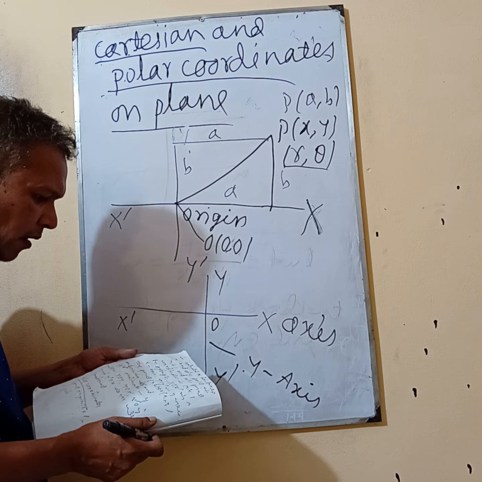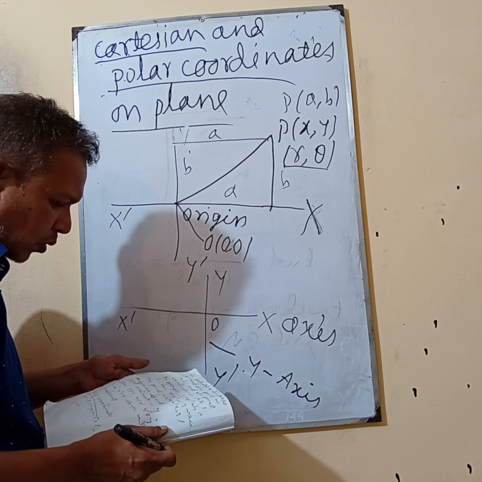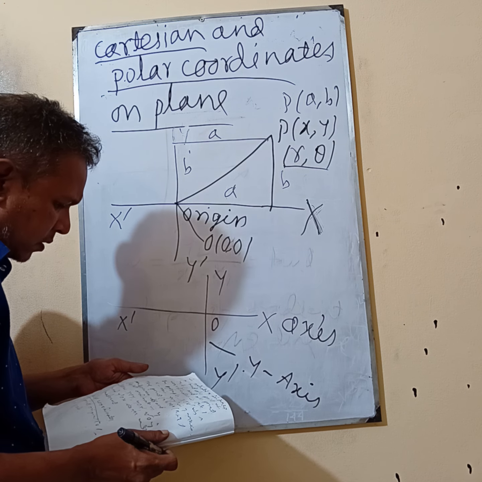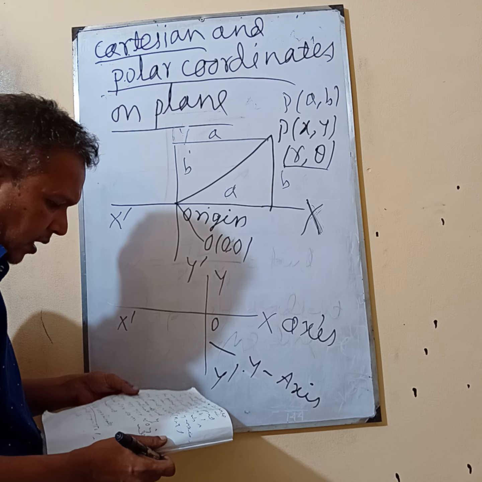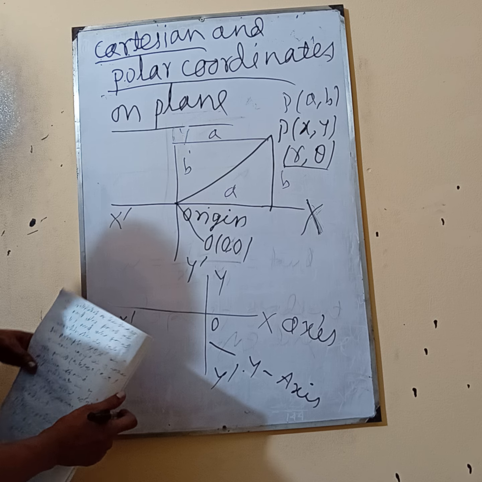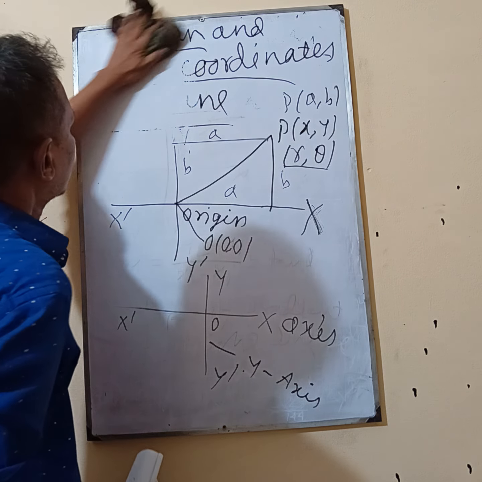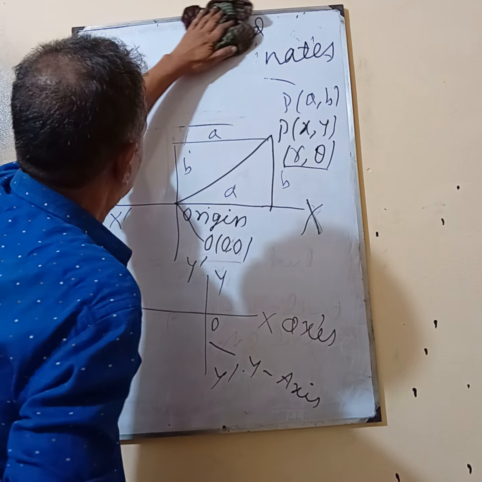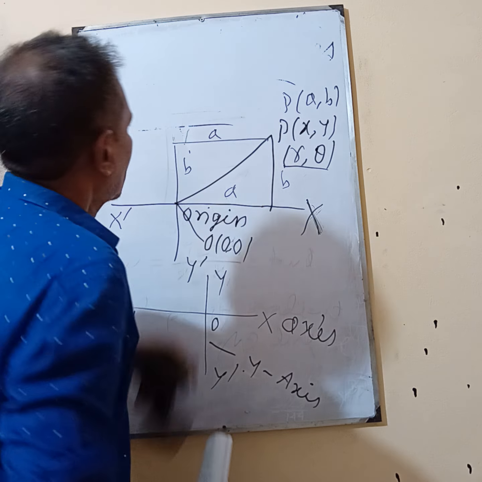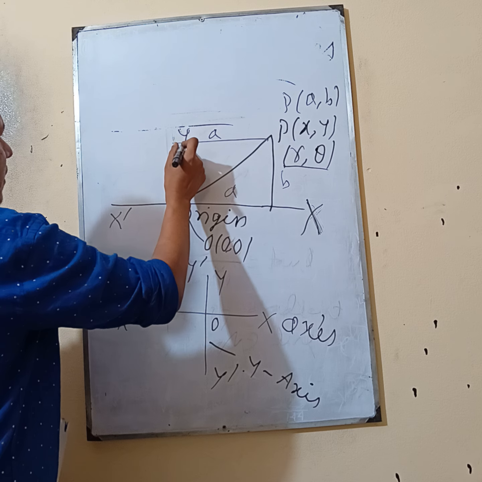Now the point (a, b) or (x, y). The x coordinate is the abscissa. Now I am discussing the abscissa. What is the abscissa? The abscissa is the x-axis coordinate.